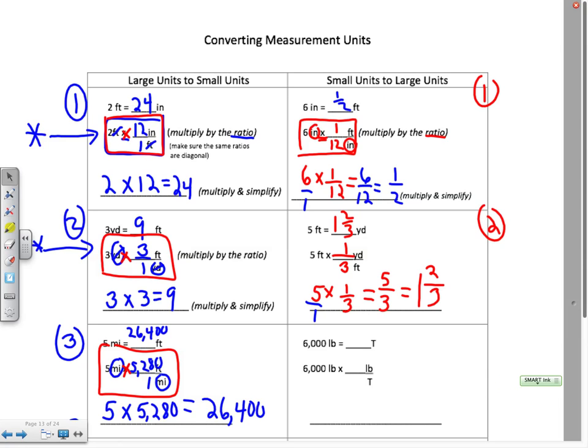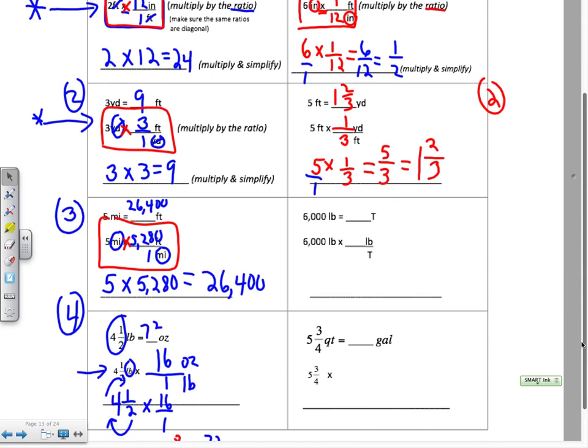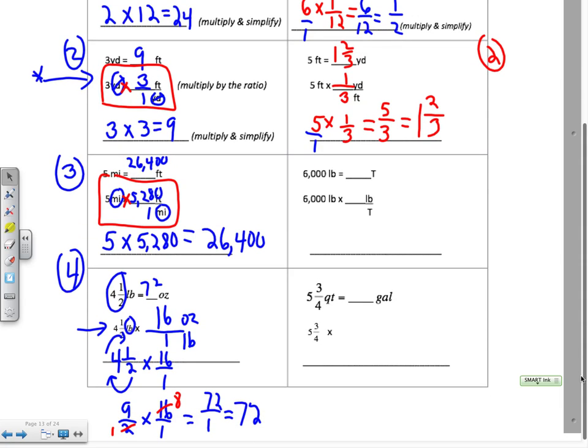We can do the same thing for tons and pounds. 6,000 pounds equals how many tons? Well, I know you know that there is 2,000 pounds for every 1 ton. But look at what I did here. I set this up incorrectly. I'd get the wrong answer because this is a problem where I would just take 6,000 times 2,000.